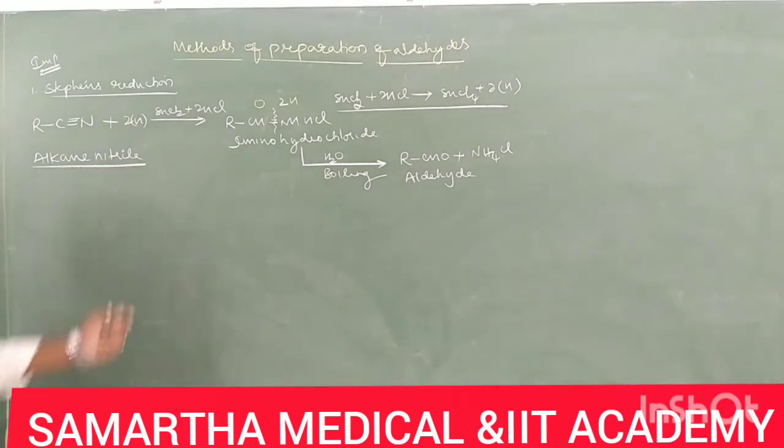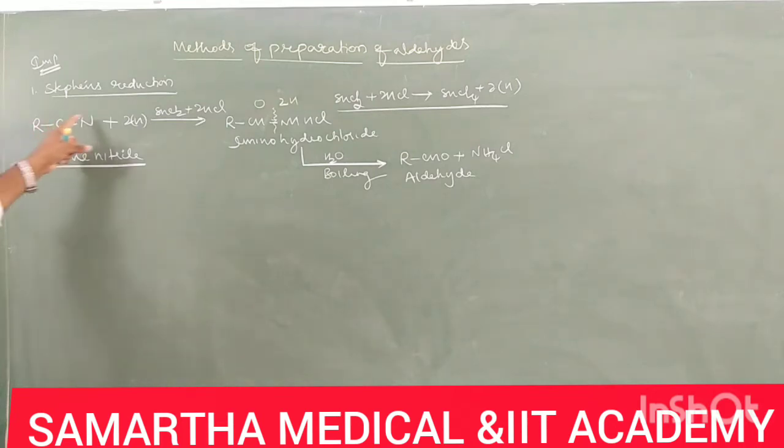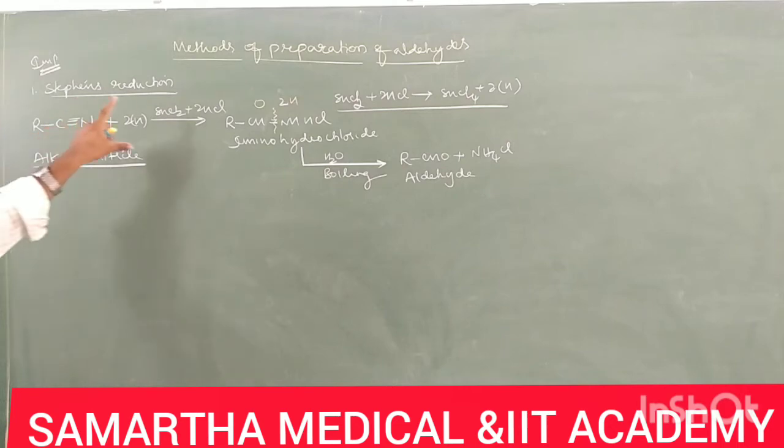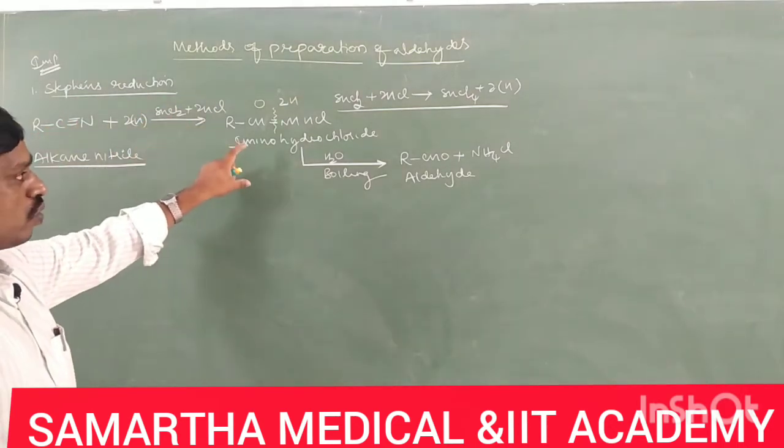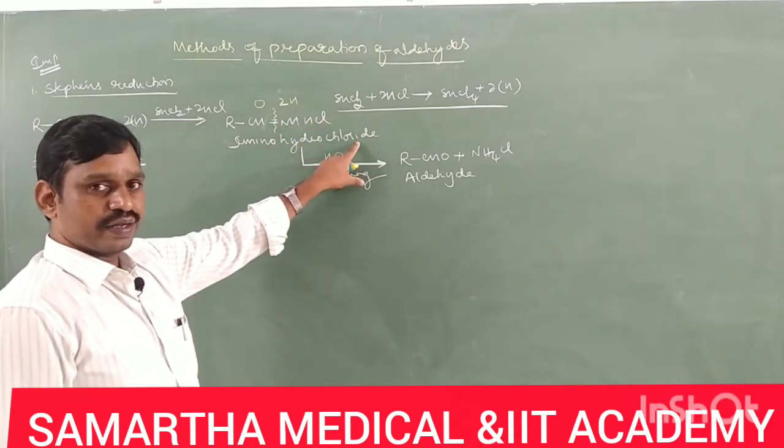Then what is the statement? The statement is also important. In the exam, if they ask for 2 or 3 marks, what is Stephen reduction? Give an example. So what is your answer? You need to write the statement. Take the note. Alkane nitrile undergoes reduction in the presence of stannous chloride and hydrochloric acid to form imino hydrochloride as the intermediate.